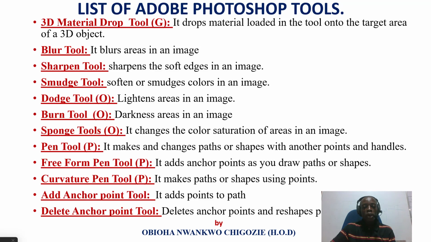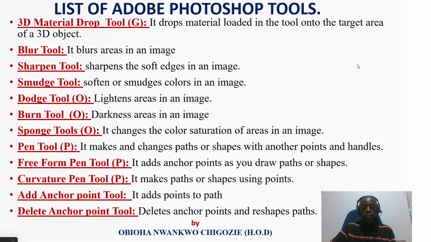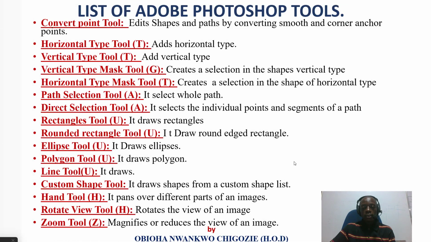You have the add anchor point tool, which adds points to paths. The delete anchor point tool deletes anchor points and reshapes paths. Now you have the convert point tool, which edits shapes and paths by converting smooth points to corners, which have an anchor point. Then the horizontal type tool, that's it.